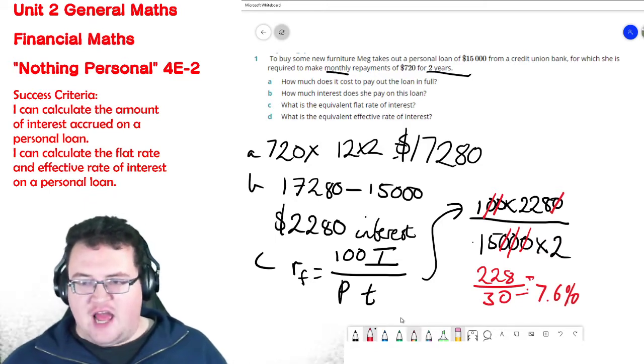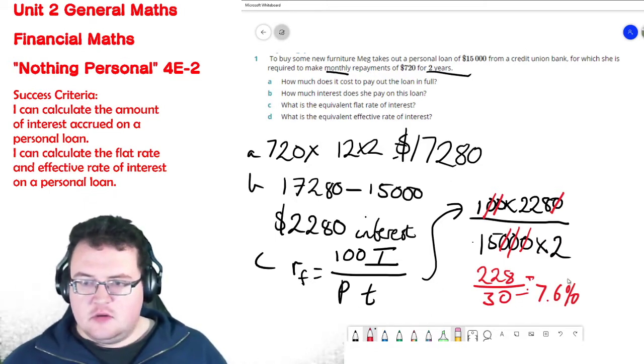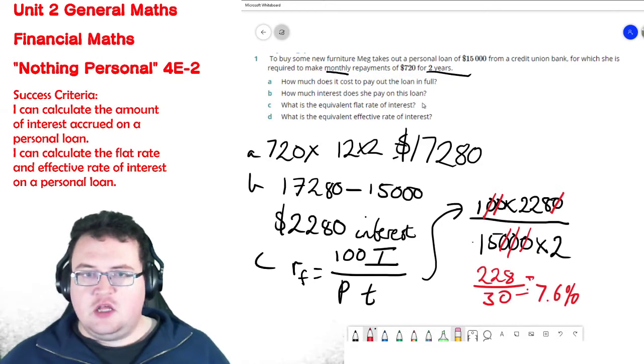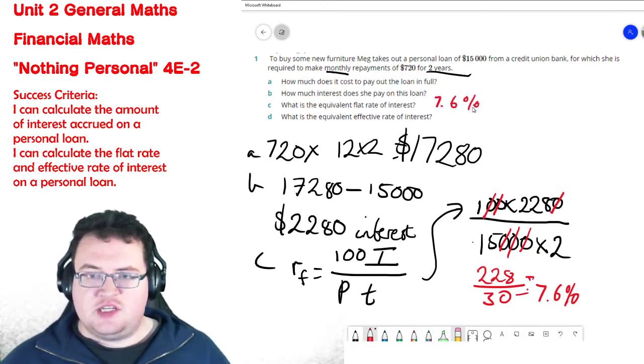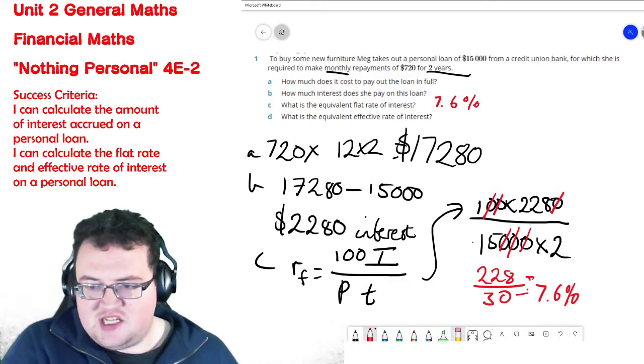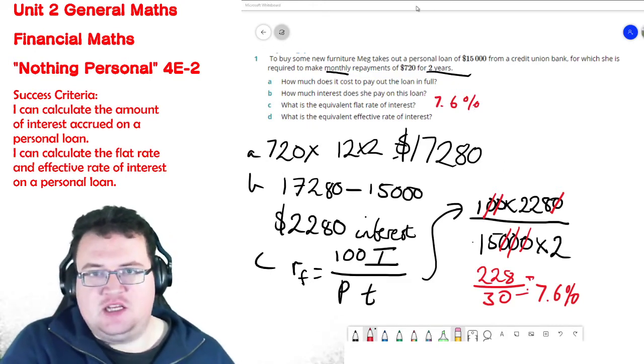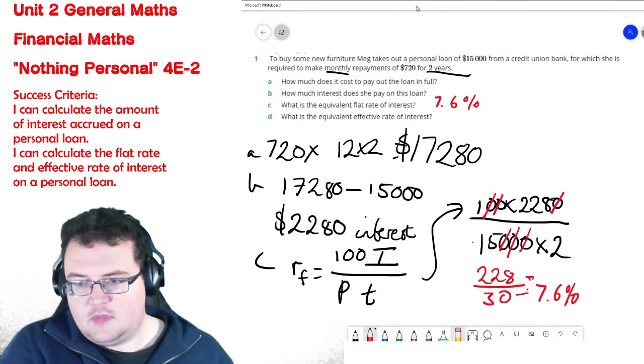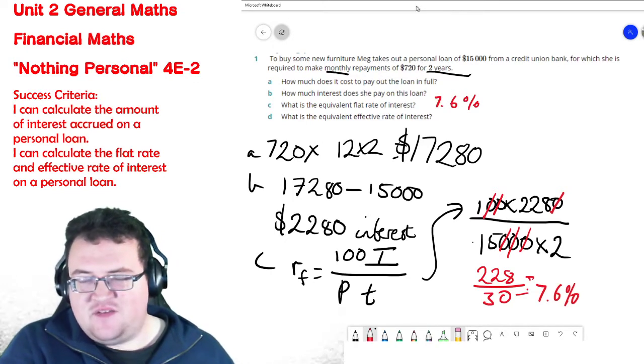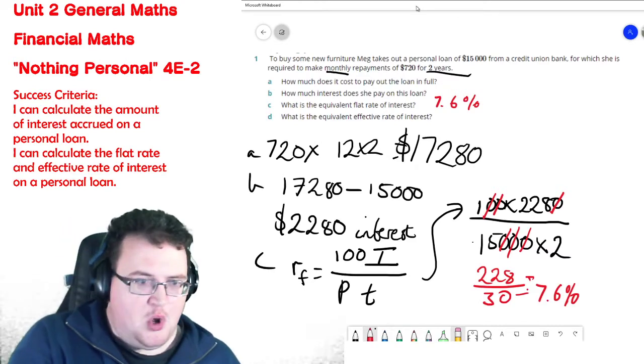So the equivalent flat rate of interest is 7.6%, which isn't that bad. It's actually not as bad as what it was looking like. But remember, that's 7.6% per year.